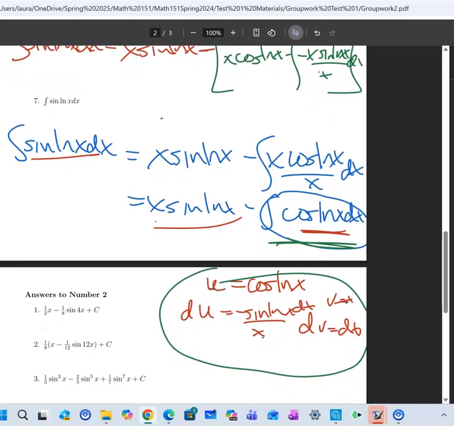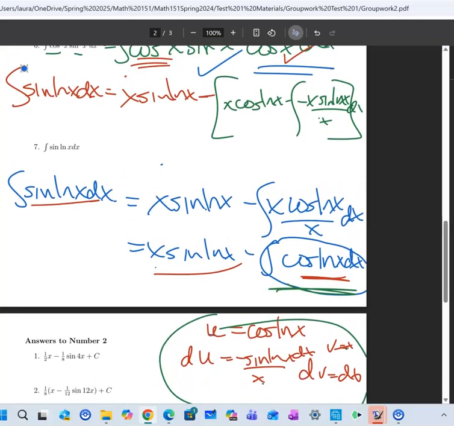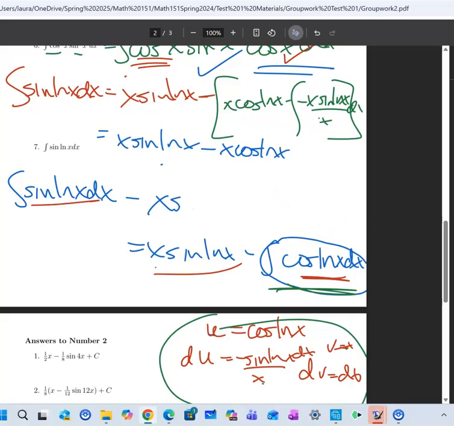Okay, let's be careful with all these negative signs, right? So let me just write out x sine ln of x minus x cosine ln of x. Erase this so we can see what we've got here. So when I cancel these two x's, and then I see I've got a negative and a negative and a negative. That makes a negative sine ln of x dx.